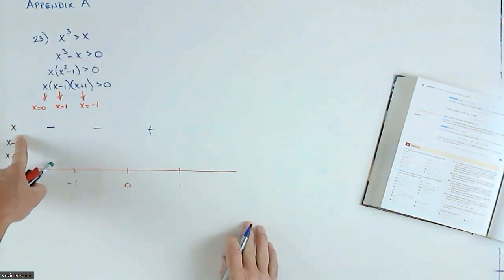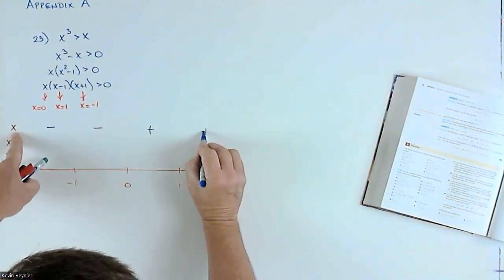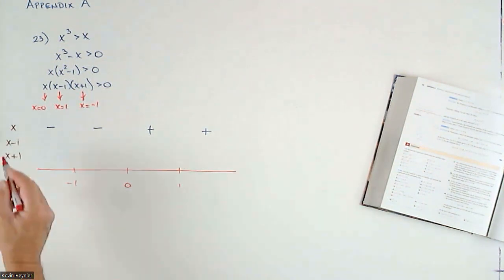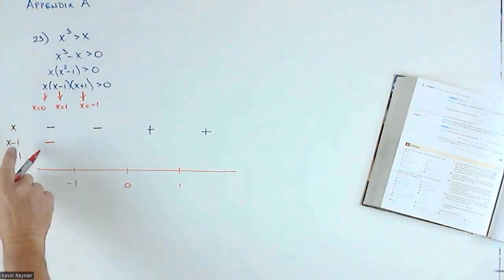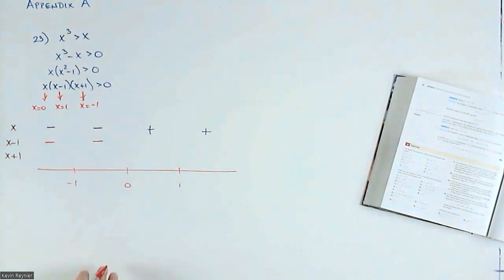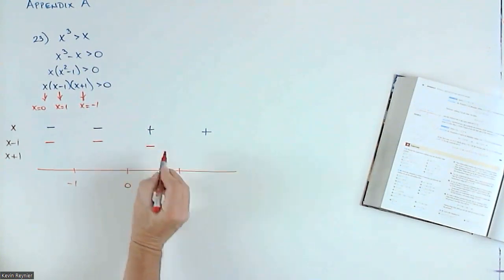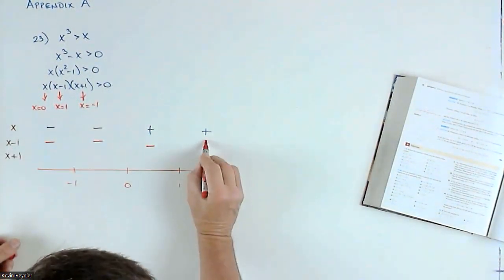So we put a plus sign. Pick a number in here. 10. 10 is positive. We put a plus sign. Where do we go from here? We play the same game with this. -10 minus 1, negative. -1/2 minus 1, negative. 1/2 minus 1, negative again. 10 minus 1, positive.